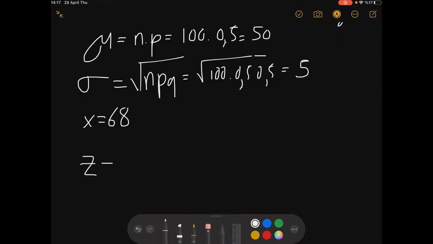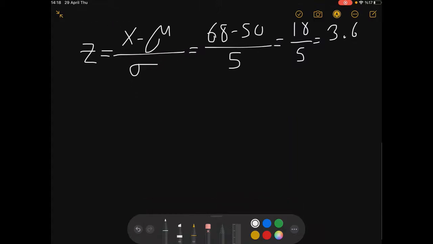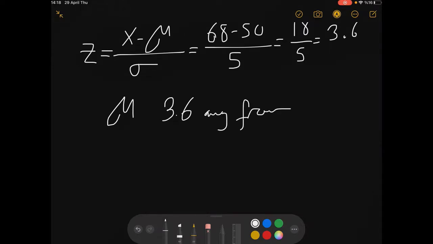Let's make the transformation: 18 over 5 gives you 3.6. We are 3.6 sigma away from mu.